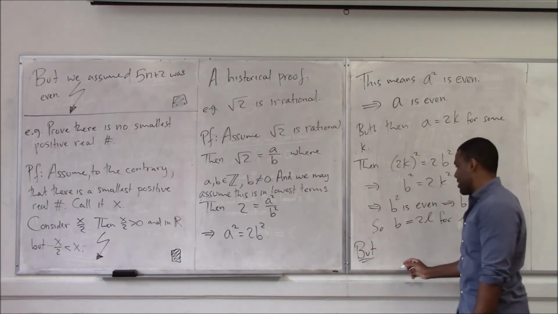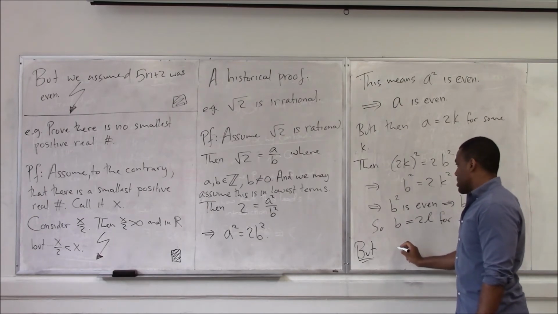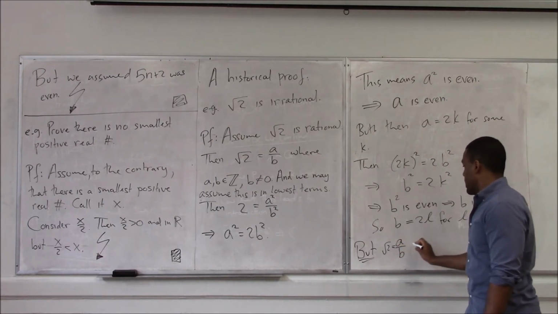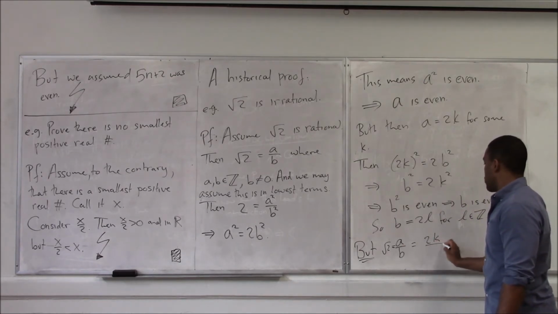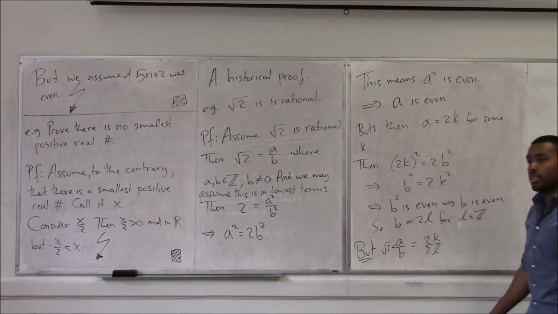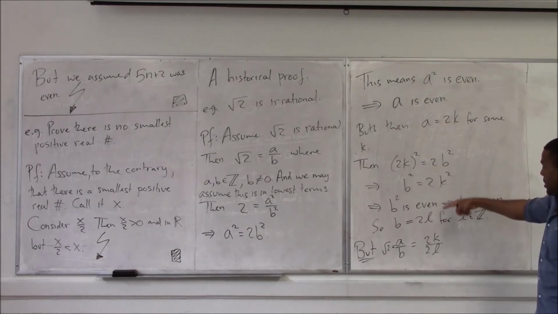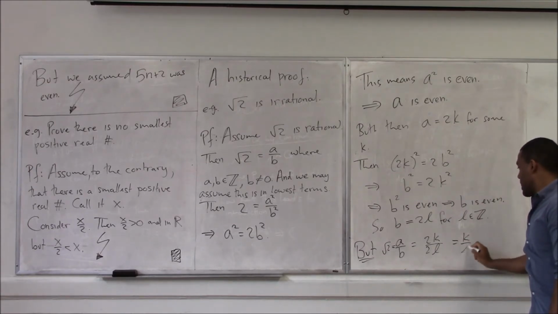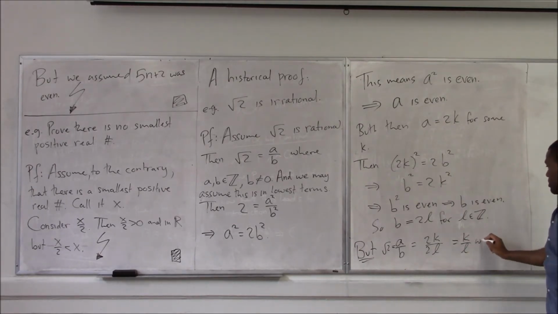And then they end it with: that means that a over b, and this is radical 2, is equal to 2k over 2l, because my a is 2k and my b is 2l, which is k over l, which is in lower terms. That's where the contradiction shows up.